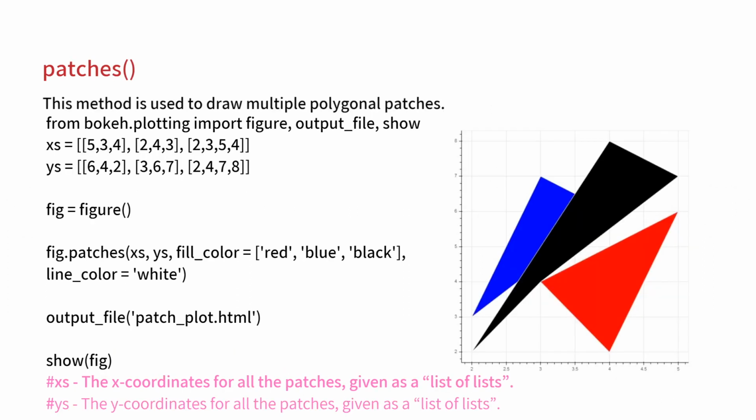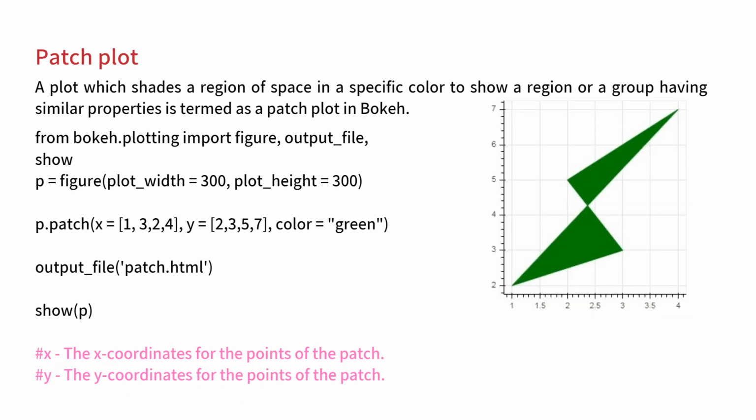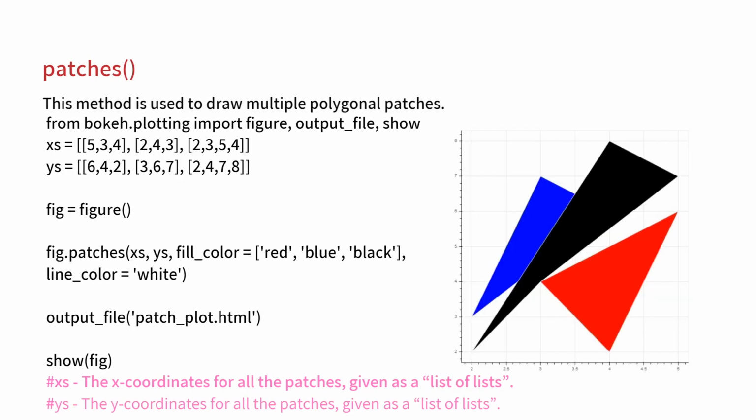You can produce multiple patches also. This was one patch which had x and y values. There is a possibility that on the same plot there are two or three different groups, and every group is showcasing some set of common properties. For that you need to use the patches function, not the patch, but the patches function. Again, you have to play with the data a little bit here.